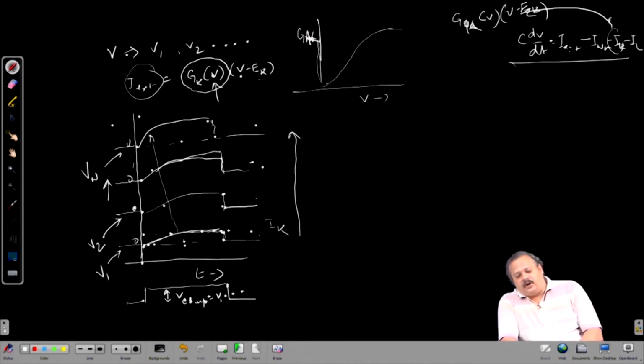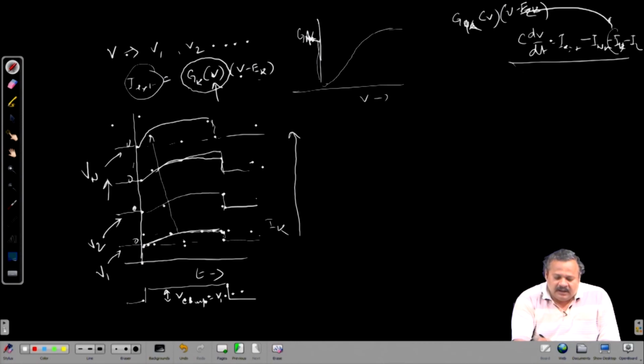Similarly, for the sodium currents, if we have the sodium currents here, it is small here, actually.